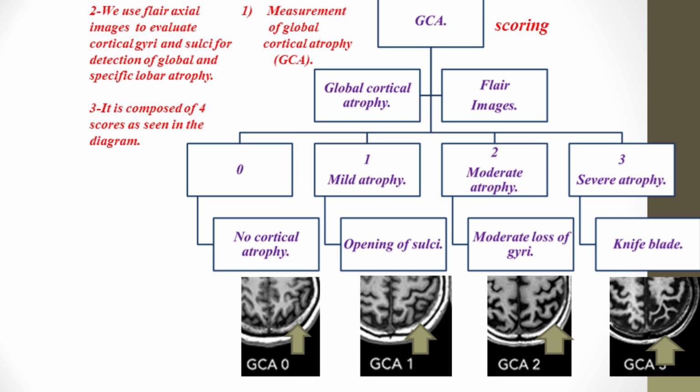Score 0 equals no cortical atrophy. Score 1 equals mild atrophy with opening of the sulci. Score 2 equals moderate atrophy with moderate loss of gyri, while score 3 equals severe atrophy with knife blade gyri.